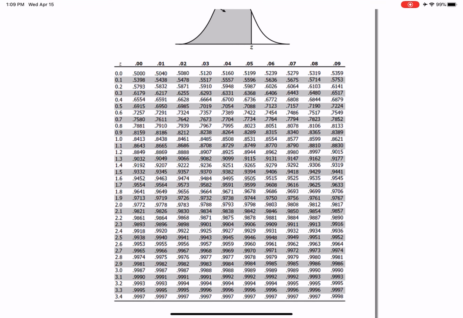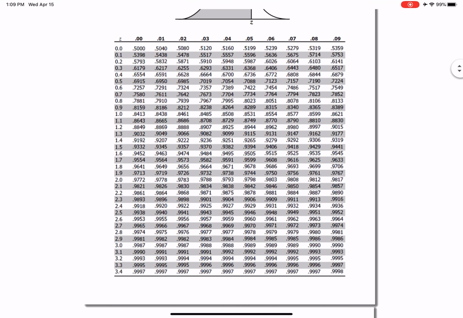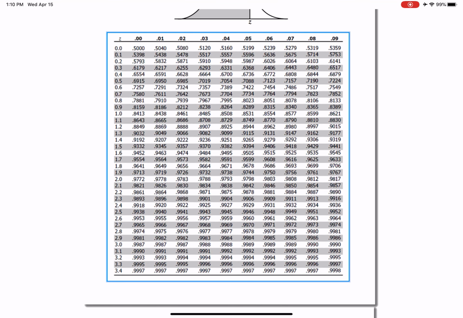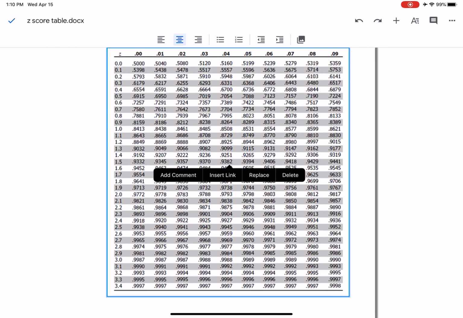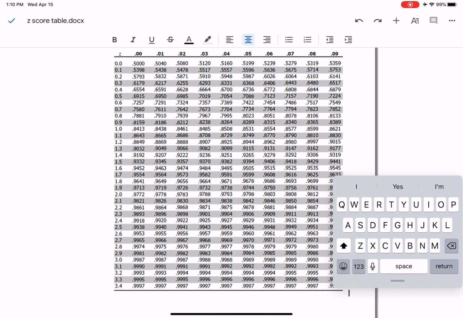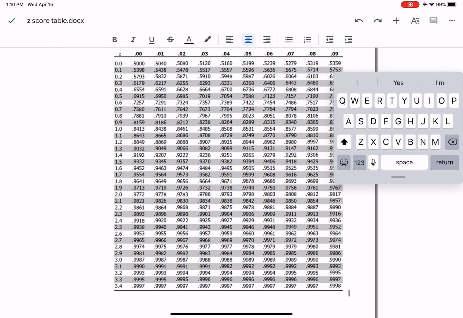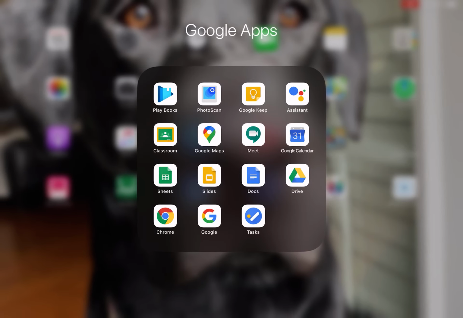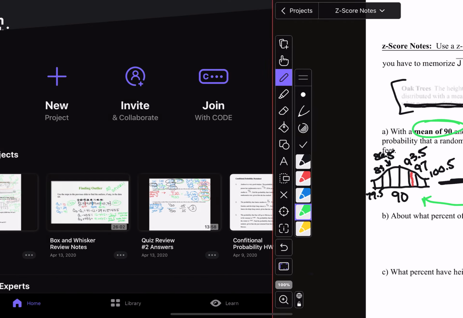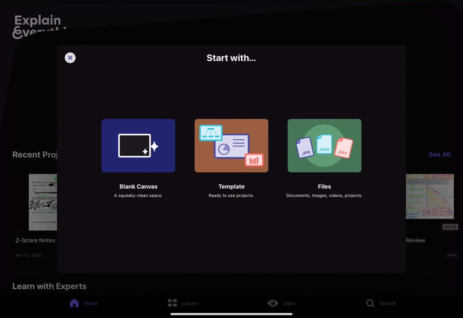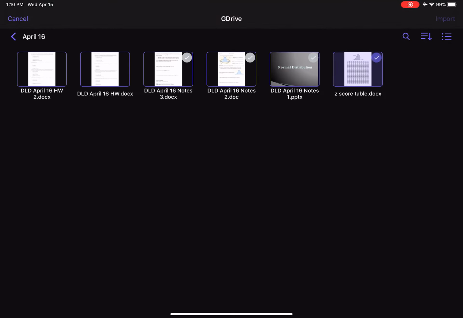So on the left-hand side, it has your 0.1 decimal, and then the other one is 1.1 decimal, okay? You're going to look for 1.1 on the left, and then you're going to look at the 0.04 column, okay? So let me actually open this up so I can write on it. So we're going to go to my Z table.